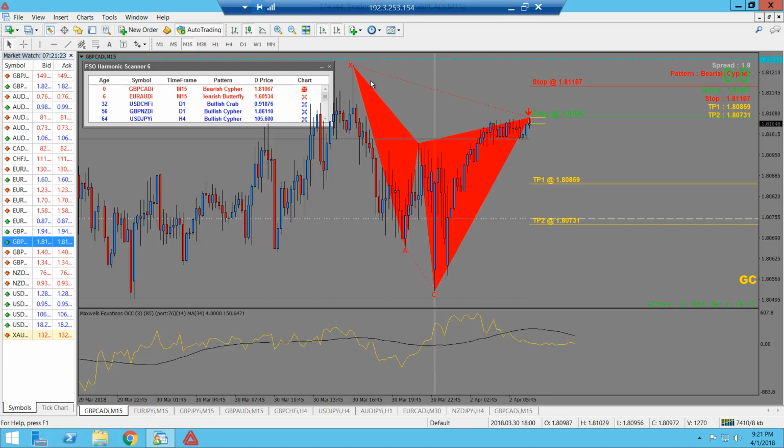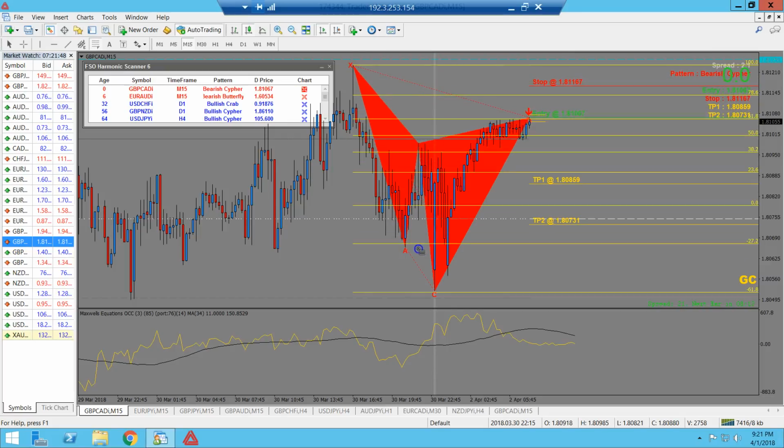And it can be very helpful in helping you to realize if this pattern has a chance of extending more, or is it done extending? So what you want to do is grab your little Fibonacci tool here, right? So you grab your Fibonacci tool and you go from swing high to swing low.